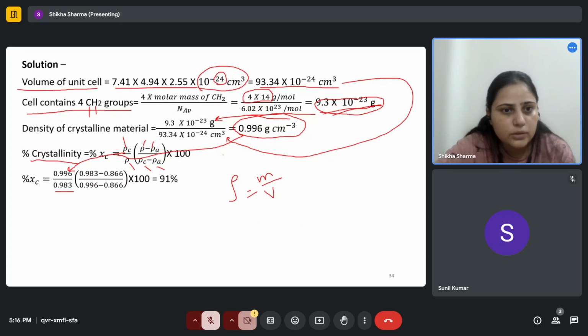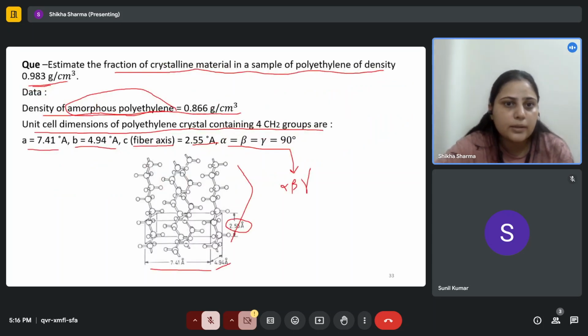So 0.866 divided by 0.996, which is the crystalline part density we calculated above, minus the amorphous part density, which is given in the data as 0.866, multiplied by 100. So 91% is the correct answer. So with 91%, we have the fraction of the crystalline material.